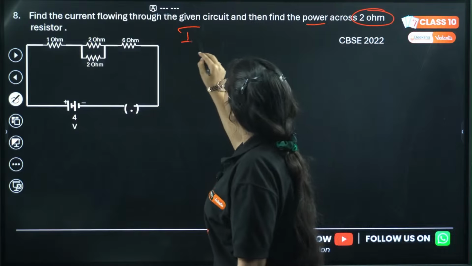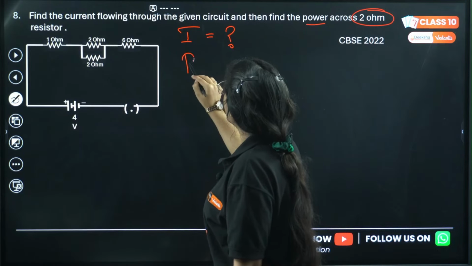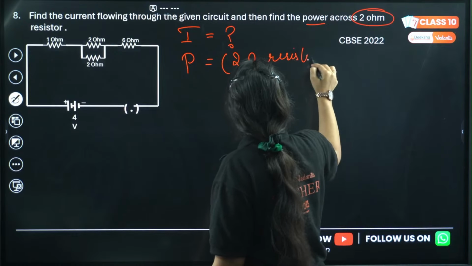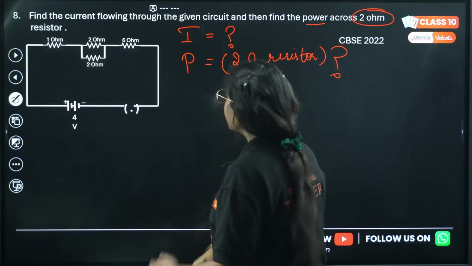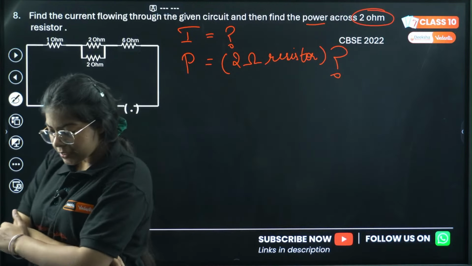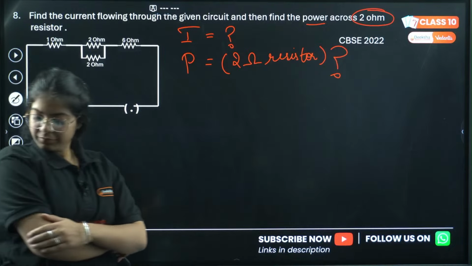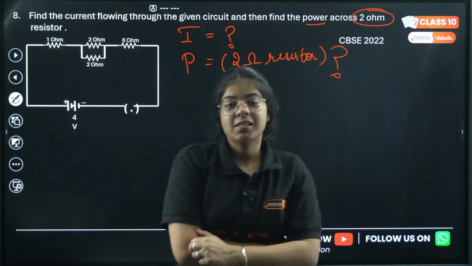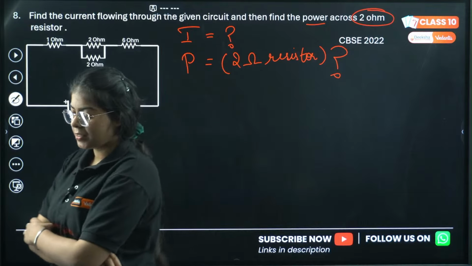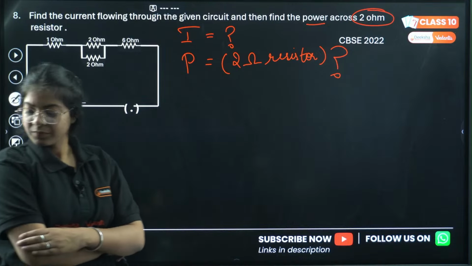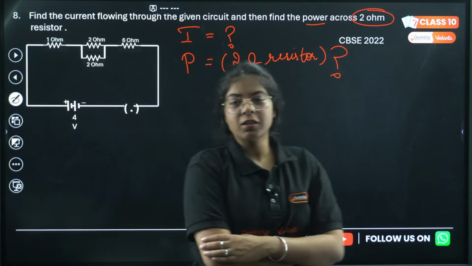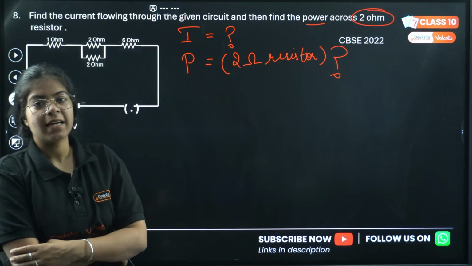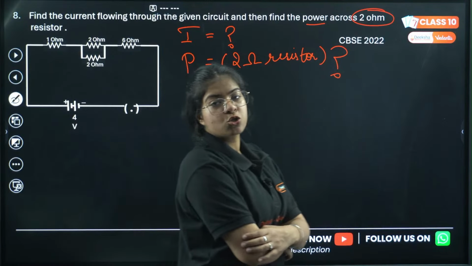We need to find the current and then the power across 2 ohm resistor. Correct? Can you solve this question?